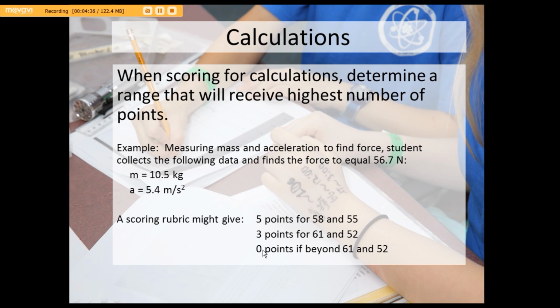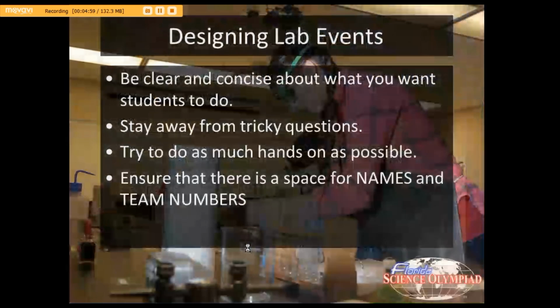So this takes into account the measurement errors that might occur in an event. Now, of course, if this is given as a question, then this would not be the case, because you're given a question with known quantities, and so it's assumed that the accuracy is very far out there.